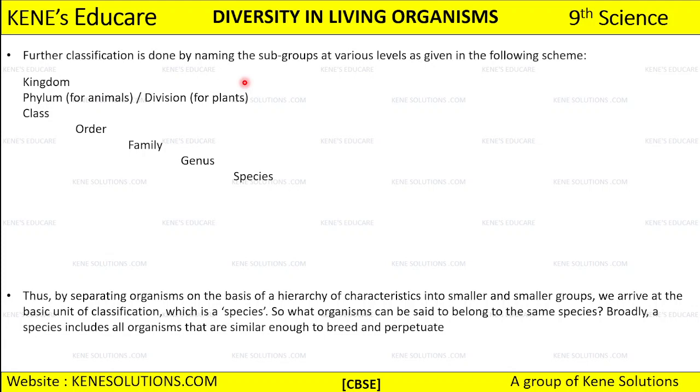So thus by separating the organisms on the basis of hierarchy of characteristics into smaller and smaller groups, हम क्या कर रहे हैं, हम सारे organisms को और छोटे से छोटे ग्रुप्स में डिवाइड करते जा रहे हैं, so that we can at least arrive at the basic unit of classification at last, which we can call as a species.